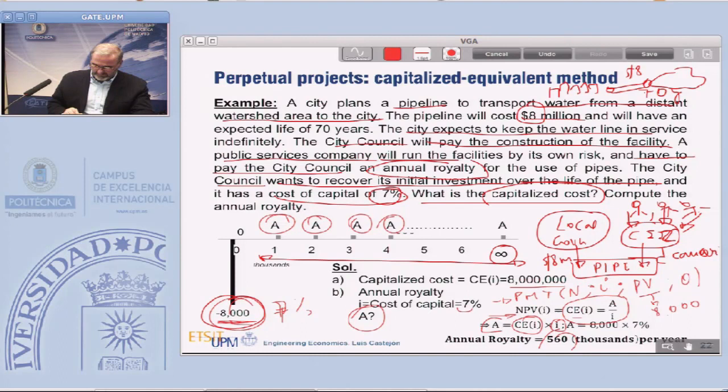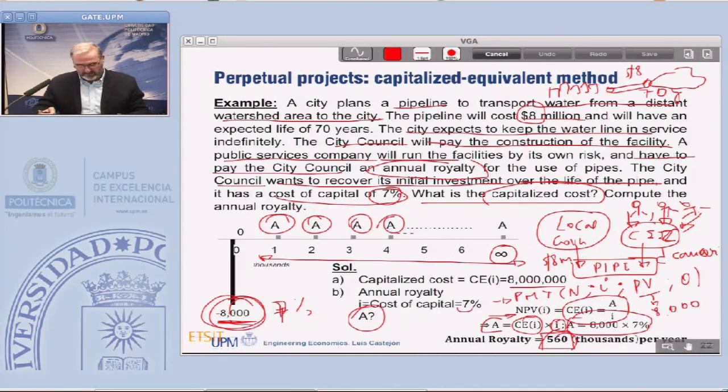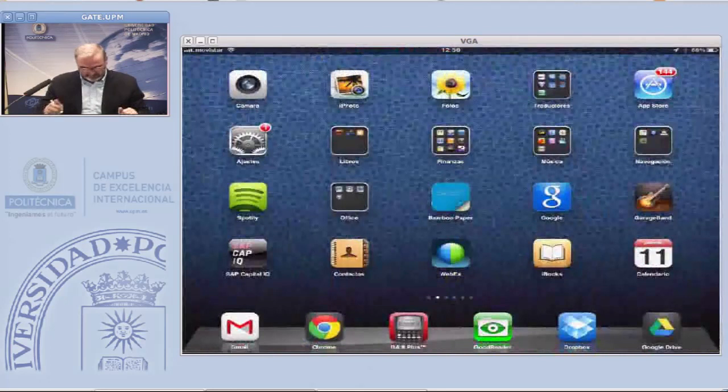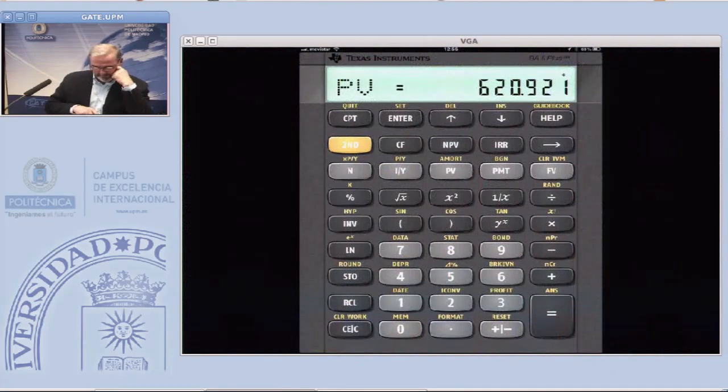The annual royalty is 7% of 8 million, which is 560,000 euros per year. It's an interesting way to calculate that kind of relation between business and local, regional or public authorities when they invest. You can also use this, for example, for a roadway.